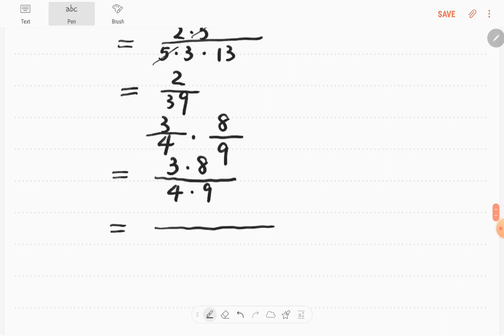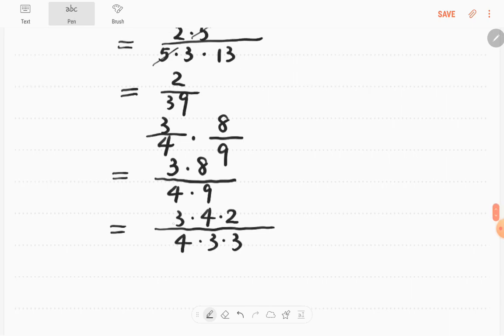But we can rewrite our fraction here. 8, we write it as 4 times 2. And 9, we will write it as 3 times 3.